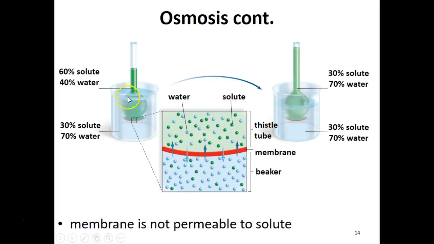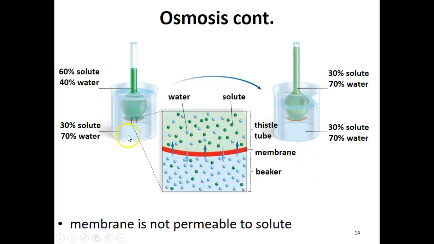And so here we're looking at a beaker that contains 70% water and 30% solute. We have a container inside which has a selectively permeable membrane, and the fluid inside the container contains 60% solute and 40% water. So each of them contains 100% of something, right? Water is going to move in both directions, but water is going to move faster either into or out of the beaker, depending on the amount of solute and water inside the container.